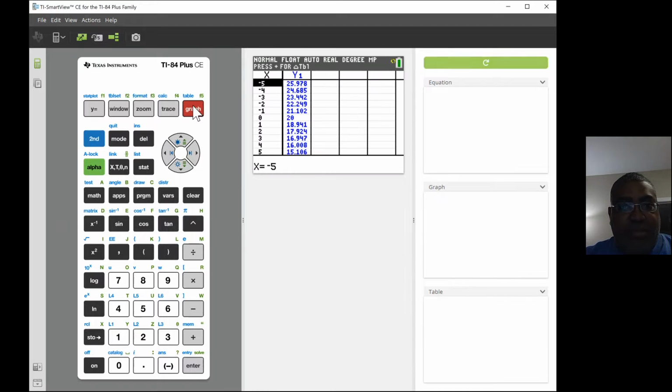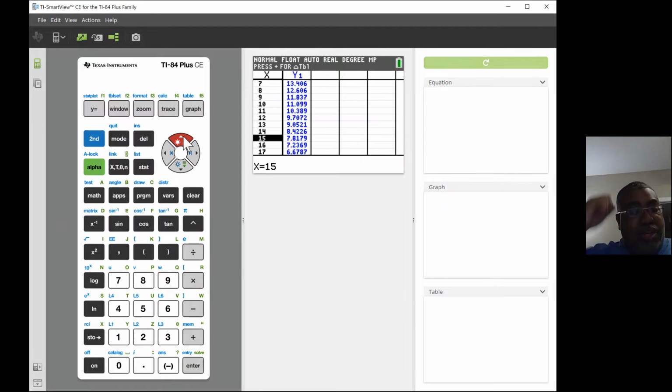I want the table, because the table tells me at 0 that the initial temperature is 20 degrees. I like that. And then if I want to know the temperature after 15 minutes, I go down to 15, and it says the nearest degree. So 15 is right there, and 15 is 7.8, which is 8 degrees.